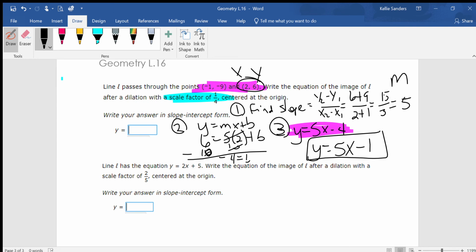Line L has the equation y equals 2x plus 5. Write the equation of the image of line after a dilation with the scale factor of 2/5 centered at the origin. Okay, so you know that it's going to be 2x because of this right there. If this would have been 1/5, and this is 5 and this is 1/5, what would your answer be? 1/5 of 5 is 1 because 5 divided by 5 is 1, right?